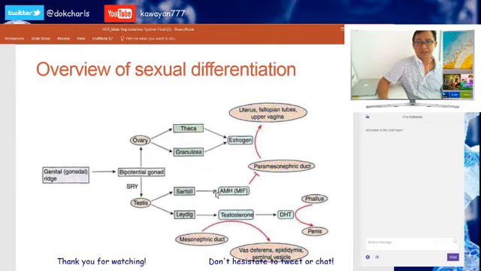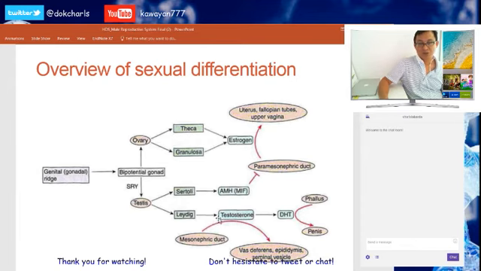Sertoli cells produce Mullerian inhibiting factor, which will suppress the development of the paramesonephric duct into the uterus, fallopian tubes, and upper vagina. So you need your MIF, or Mullerian inhibiting factor, to suppress the development of the paramesonephric duct into female genitalia.